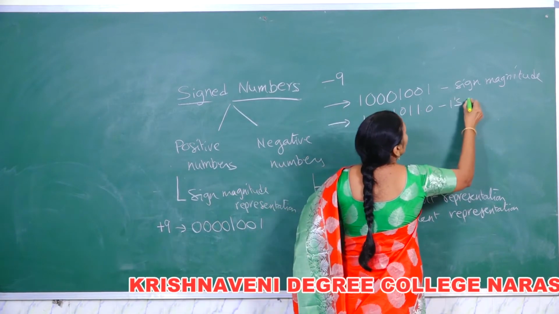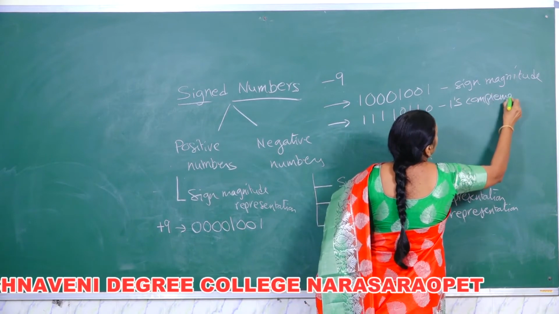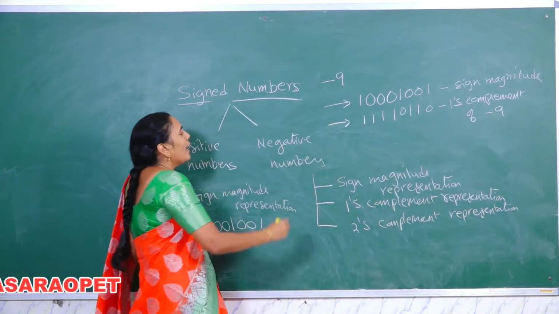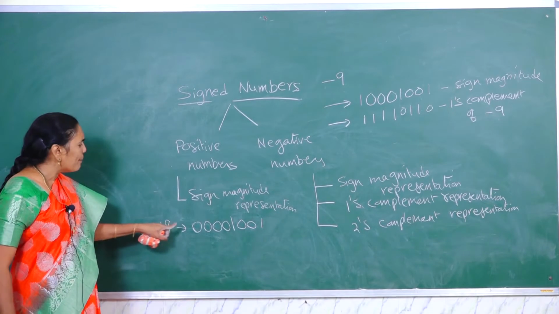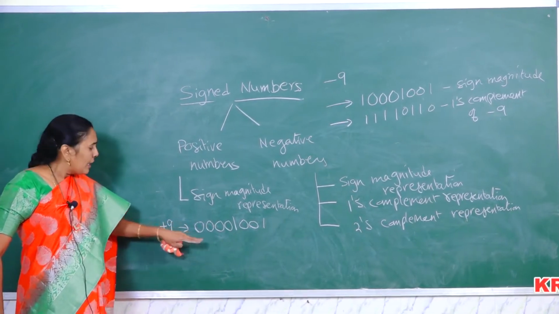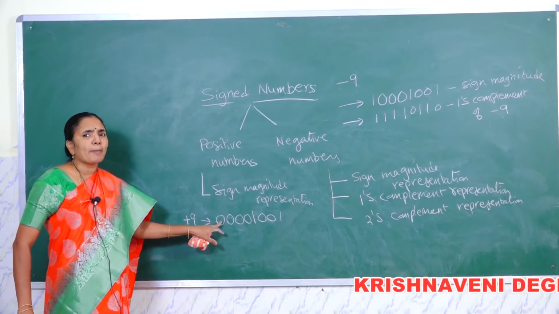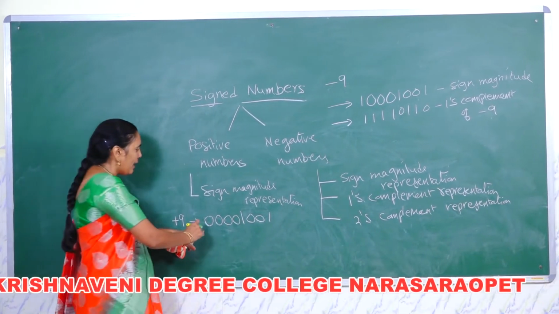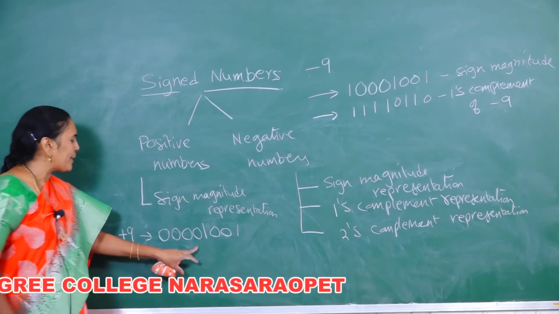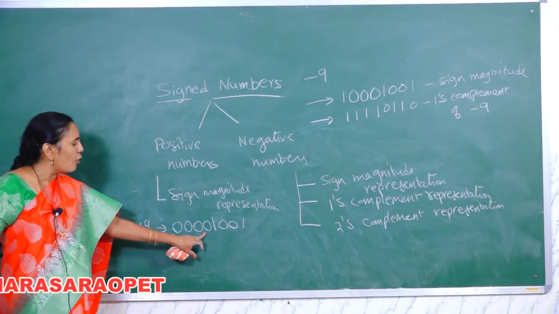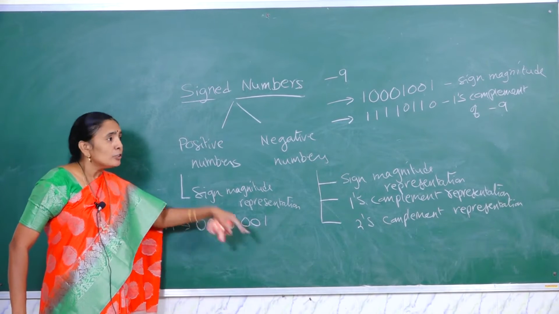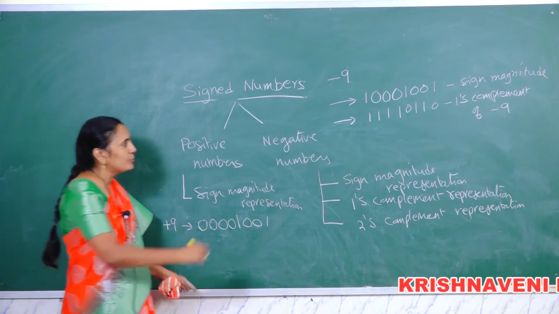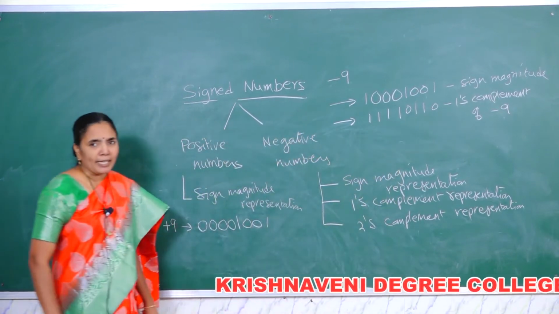This is the ones complement of minus 9. Next, how have you got that number? Originally we have to take the sign magnitude representation of plus 9 and just convert it into the ones complement representation. The sign magnitude representation of plus 9 is here, that is 4 zeros 1 0 0 1. So how to get the ones complement? Just simply interchange 0 to 1 and 1 to 0. So we have got the ones complement representation.